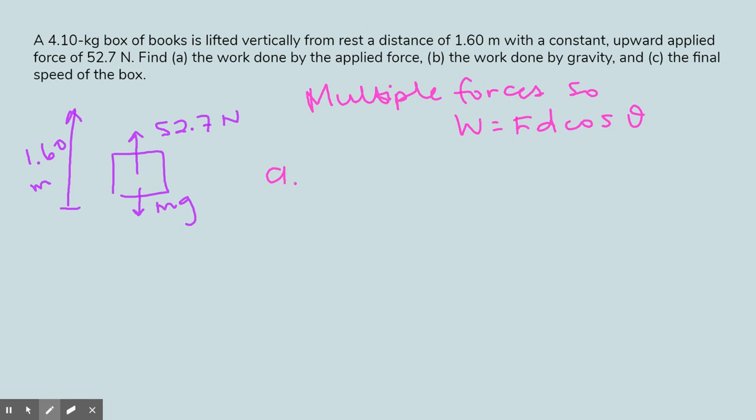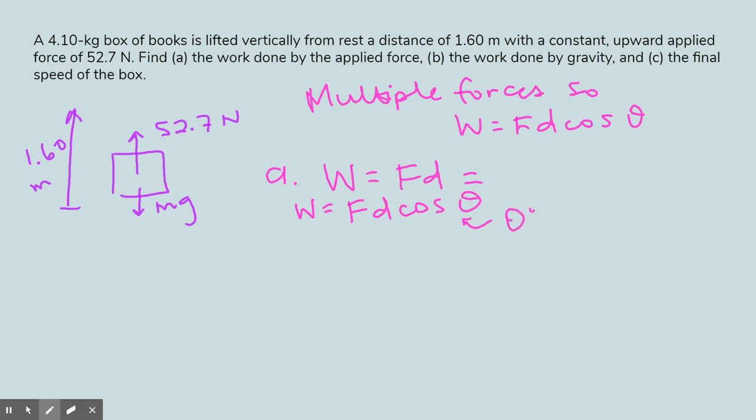Okay, so the work done by the applied force is constant. So that makes this first part pretty easy. Work is just equal to force times distance. Therefore, we can technically use the other formula, force times distance times cosine theta, but because this theta is 0, it will disappear anyway.